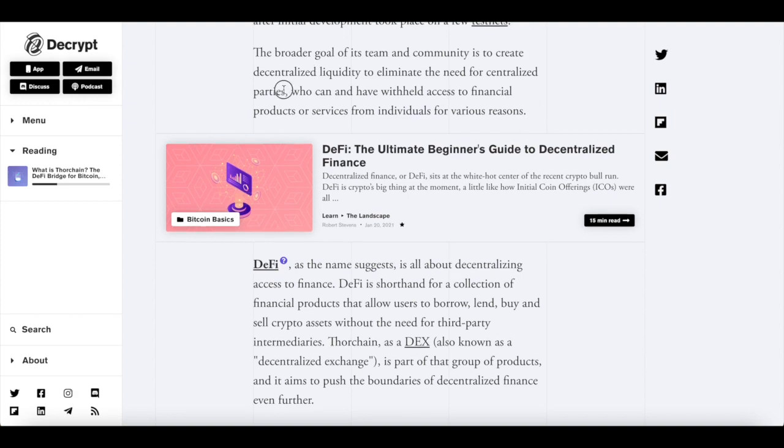Centralized parties being like Binance, Coinbase, Robinhood, other centralized systems, centralized platforms that allow you to trade crypto, who can and have withheld access to financial products or services from individuals for various reasons.